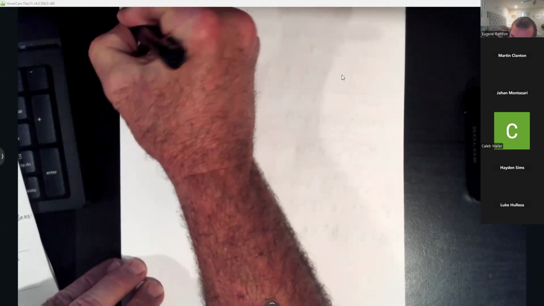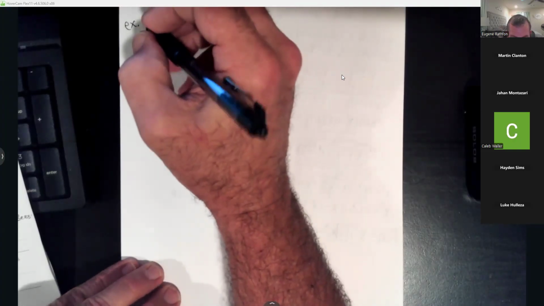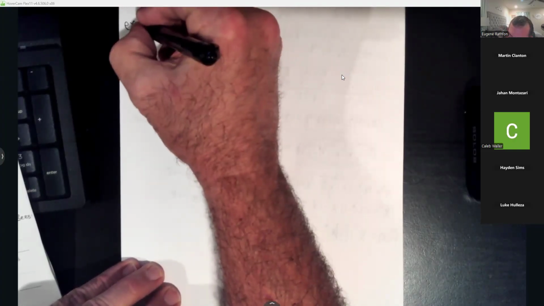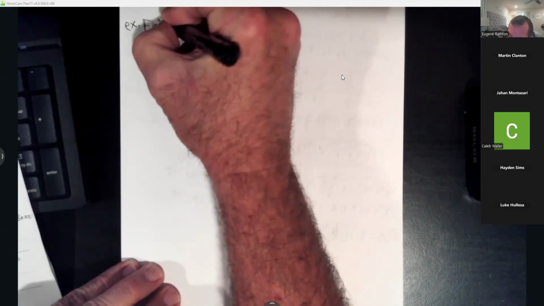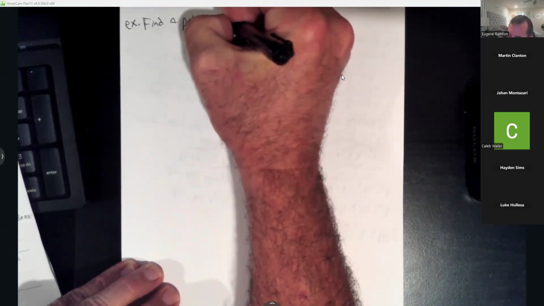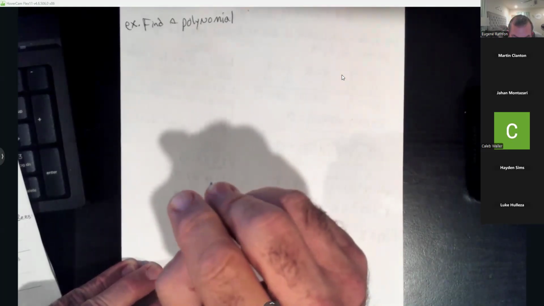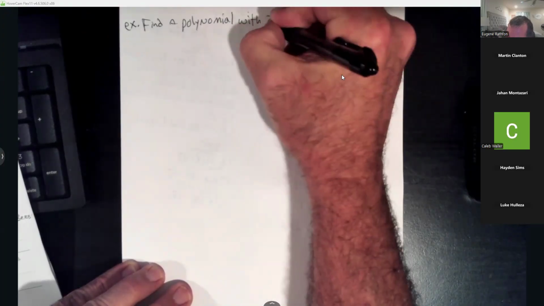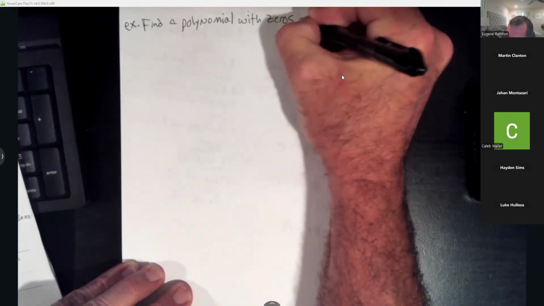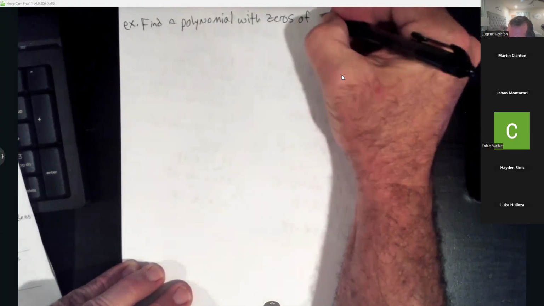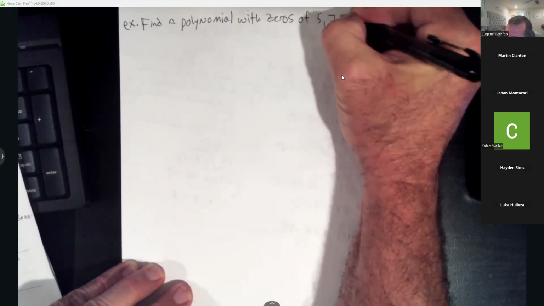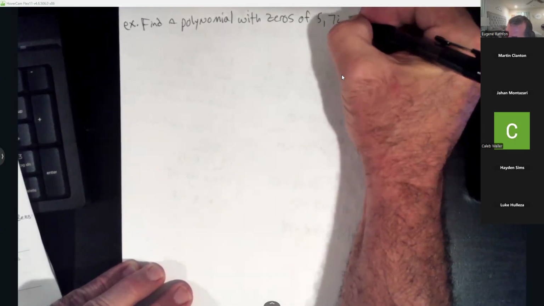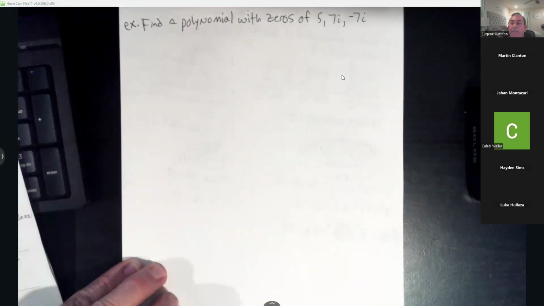All right, so for this example, we're going to find a polynomial with zeros of 5, 7i, and negative 7i.